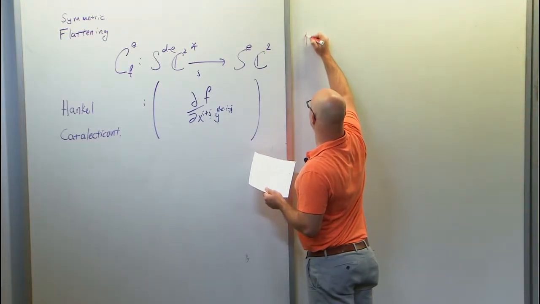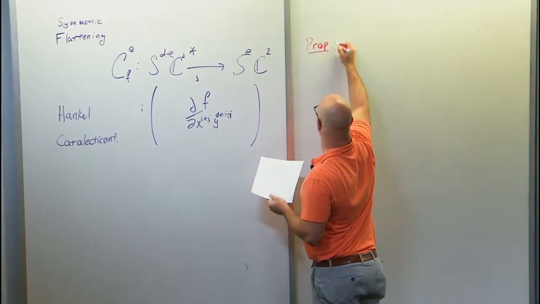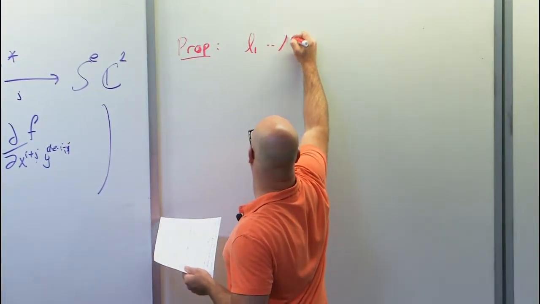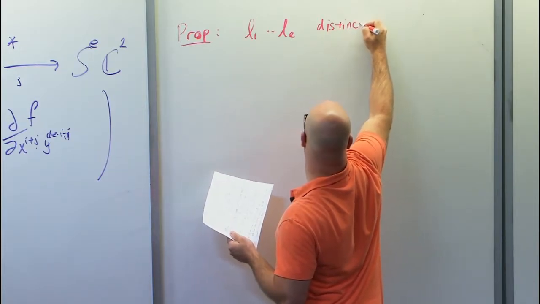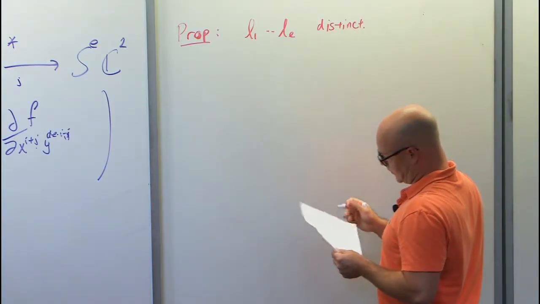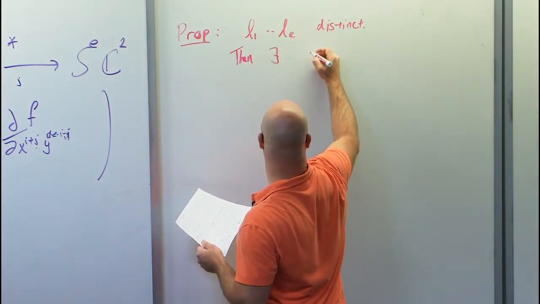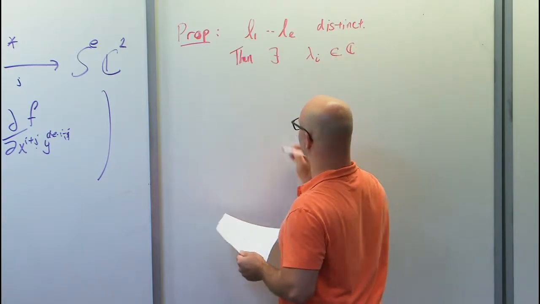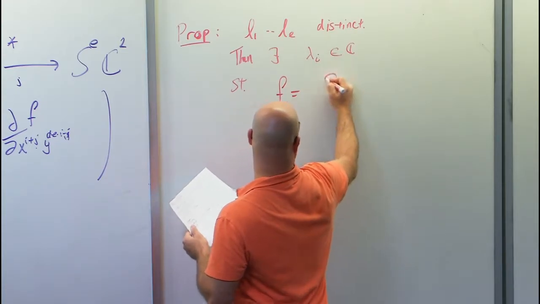Okay, so here's the main proposition that's going to make all of this work. Okay, so let's suppose L1 to LE are distinct. And then there exist some constants, say lambda i and c, such that this has a solution.